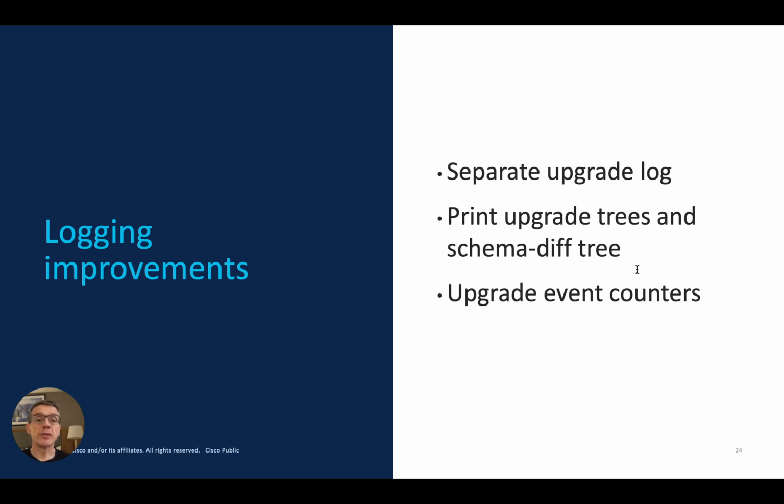CDB maintains a set of counters, one for each type of upgrade work. And whenever upgrade work is performed on a config node, the corresponding counter will be incremented. The upgrade event counters provide feedback on the amount of work done without flooding the upgrade log with excessive information about each and every instance.